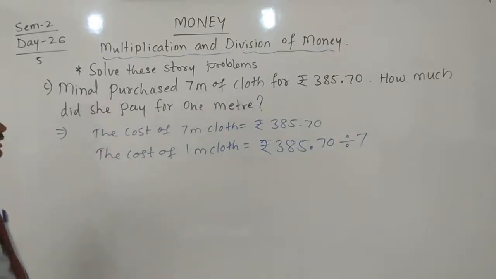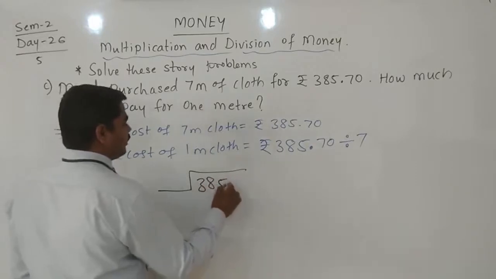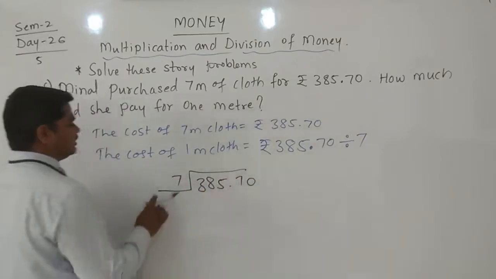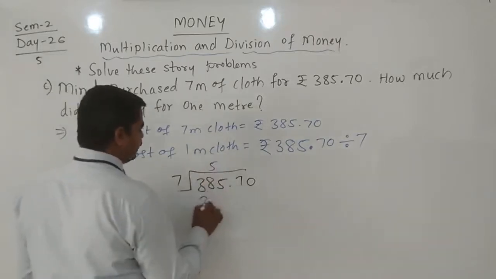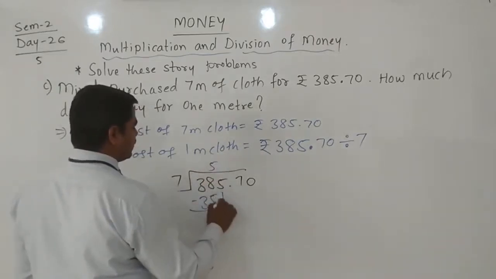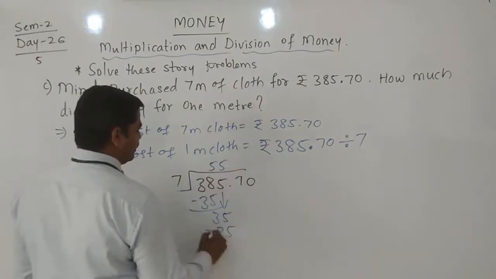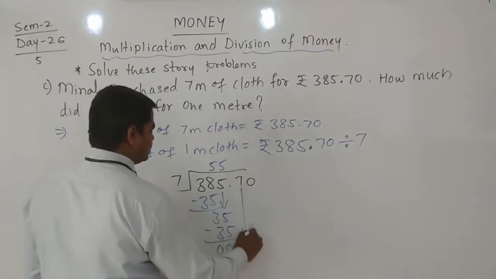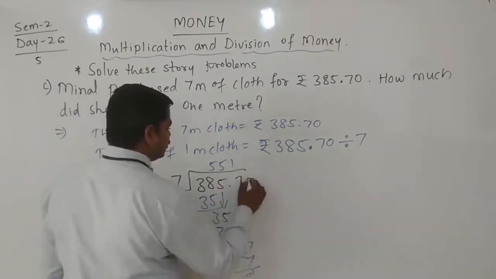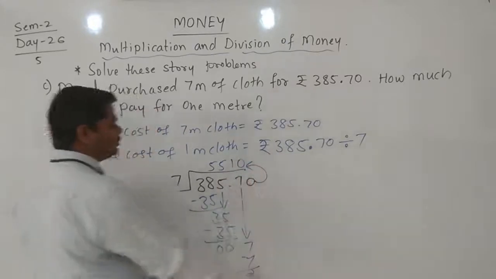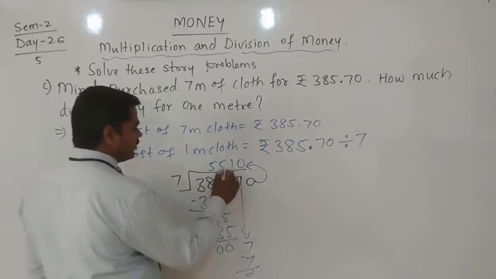Divide 385.70 by 7. 7 5s are 35. 3 remains, bring down again. 7 5s are 35. 7 one time, 7, then 0 we can write directly above, like 0 times 0, like that we can take. Here just above this one.